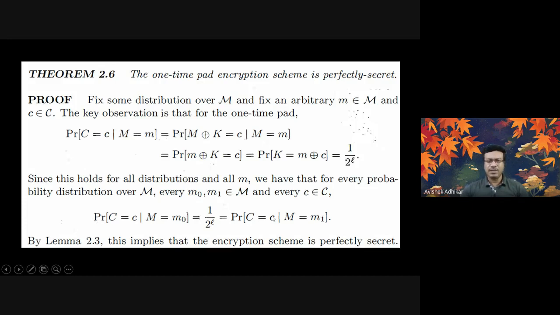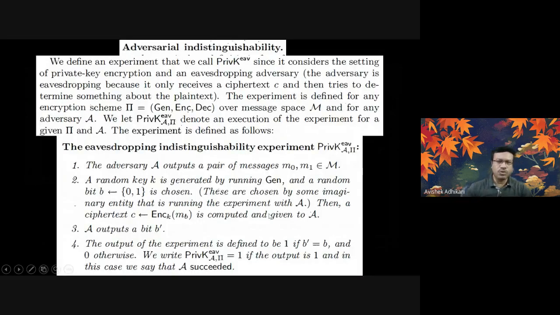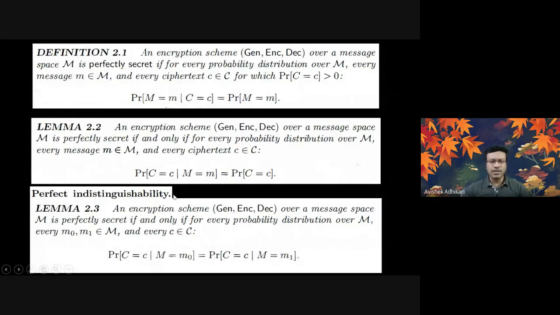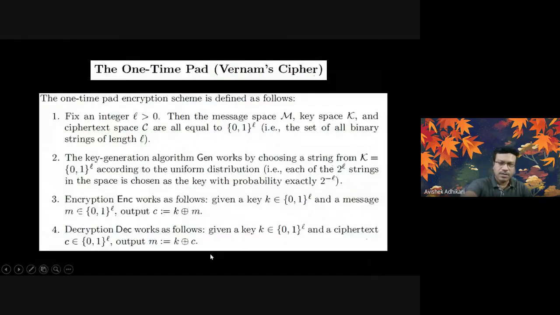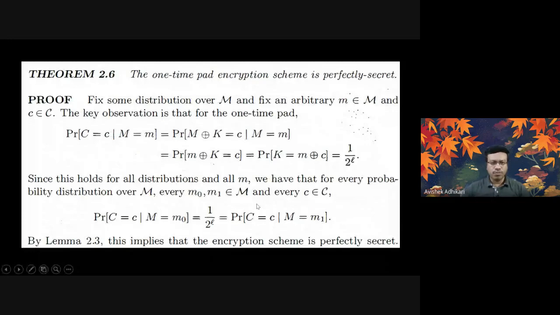So from the distinguishability lemma, just now we have shown perfect indistinguishability. So this is perfectly secure if and only if this is satisfied. So from this lemma, you can prove that one-time pad is perfectly secret.